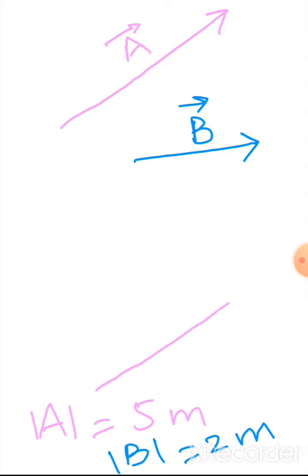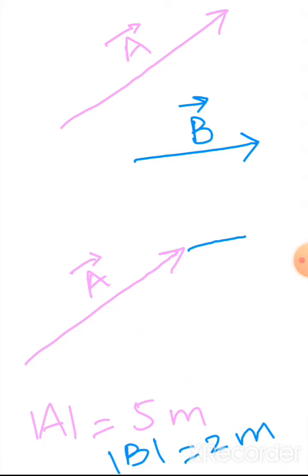We draw the vector A. Here is vector A, and vector B would be drawn in such a way that its tail coincides with the head of vector A.